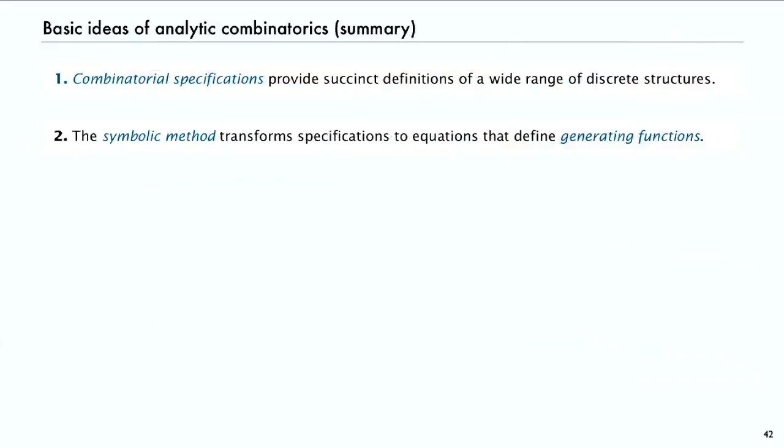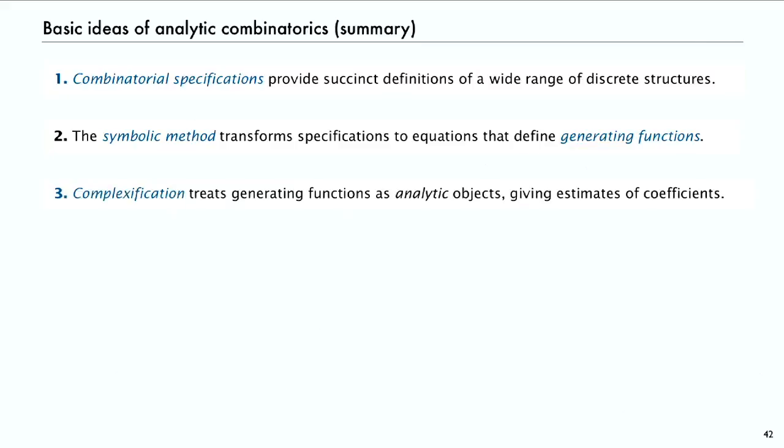Associated with the specifications, we have the symbolic method, which gives us a way to transform the specifications to equations that define generating functions. We're treating the generating functions as formal objects that we can immediately derive definitions from the specifications. Then we pivot and treat the generating functions as analytic objects, as functions in the complex plane.